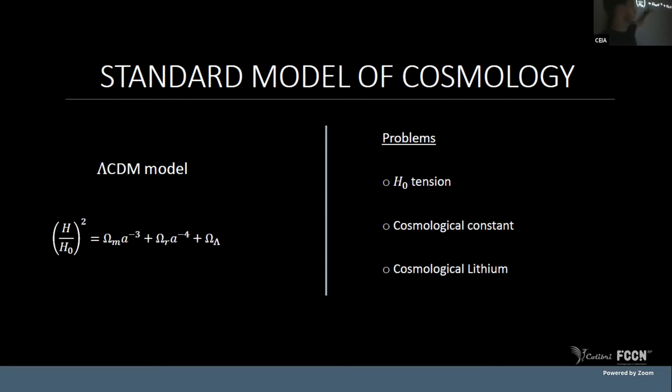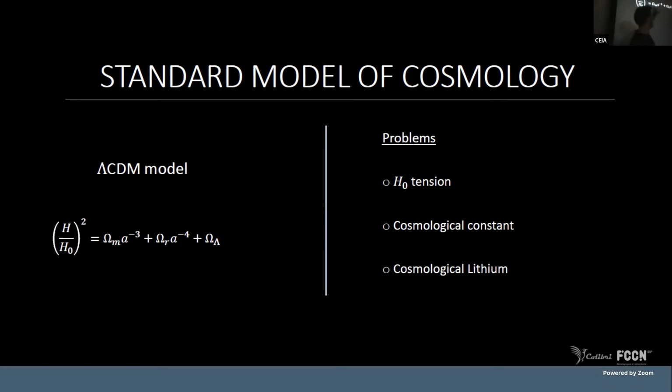So this equation here, you're already familiar, at least with this type of equation, the Friedmann equation. You can see the Hubble parameter and Hubble constant, the scale factor, but you might not be familiar with those other terms. This is the Greek letter omega, and this just tells you the fraction of the constituents of the universe.